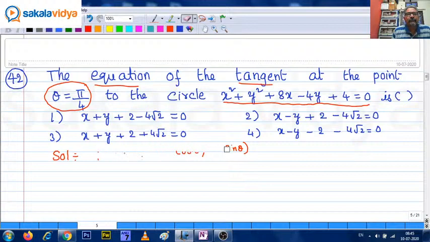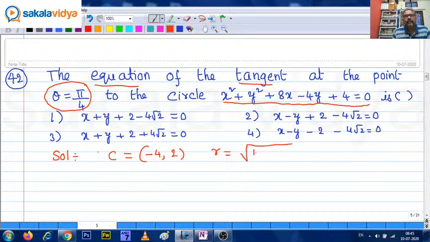Wait now. First find the center of the circle. Center of the circle is minus 4 comma 2. Radius: r equals to root of 16 plus 4 minus 4. 4 cancels 4.